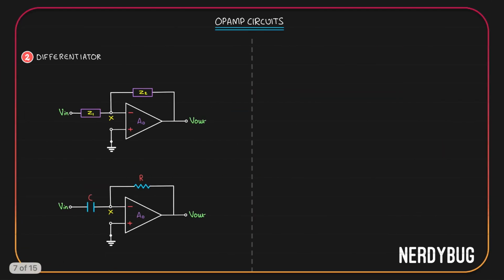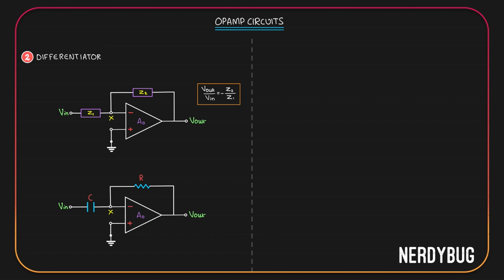Let's find the gain of this circuit. Again, since what we have is basically an inverting amplifier, the gain is negative of Z2 divided by Z1. Here Z2 will just be R and Z1 is the capacitive reactance of C, which could be 1 by SC, or we can write 1 by j omega C, or we can write 1 by j 2 pi fC.